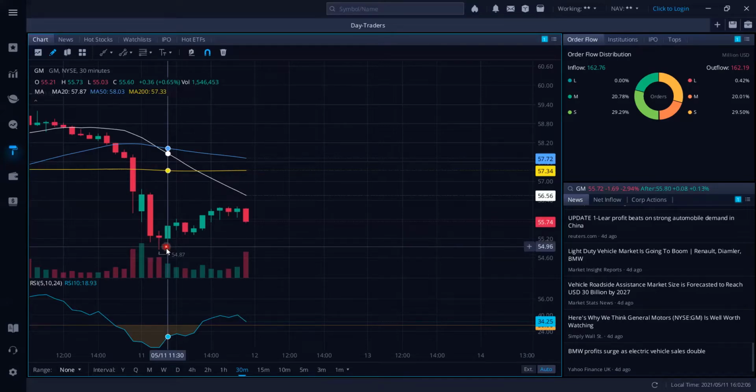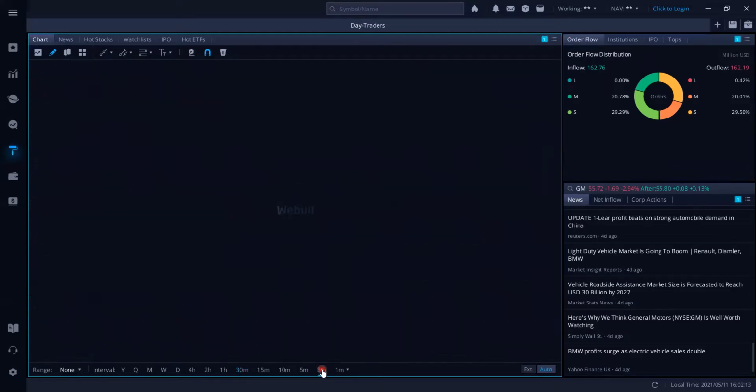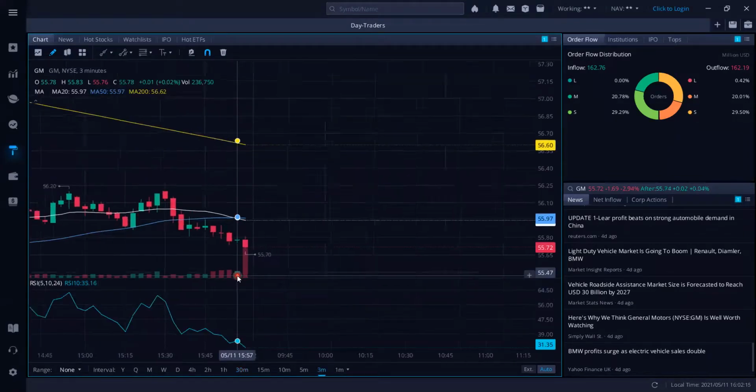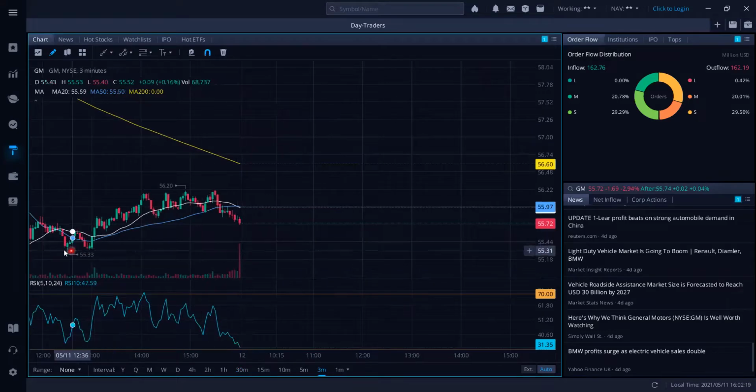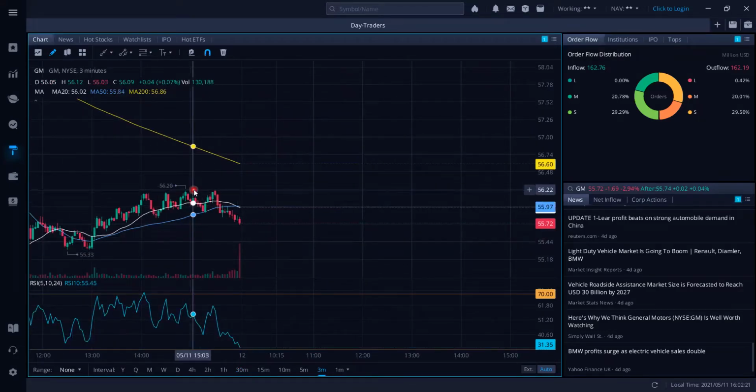So unless you're prepared to start trading the likes of Tesla and Netflix on a 1 minute to 3 minute chart, which, look at this, it's a huge difference. You guys see that? From 55 to 56, yet again.